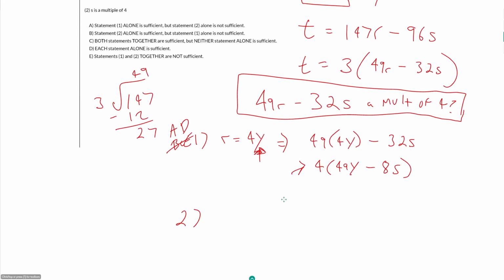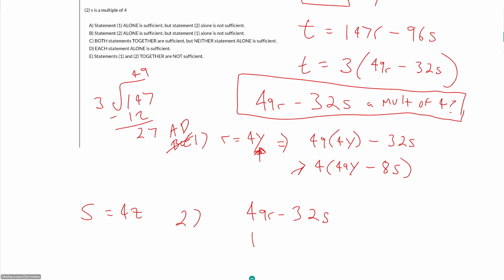Let's see if it's actually true though. We're trying to figure out if 49r minus 32s is a multiple of 4. And s can be written as 4z, we'll say.